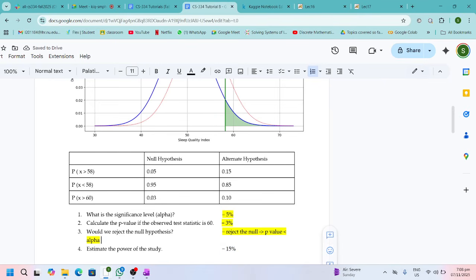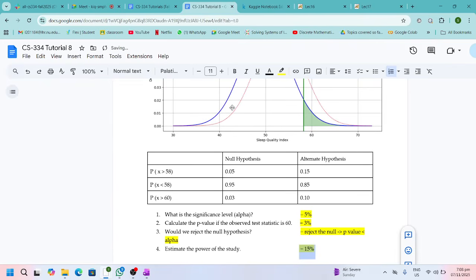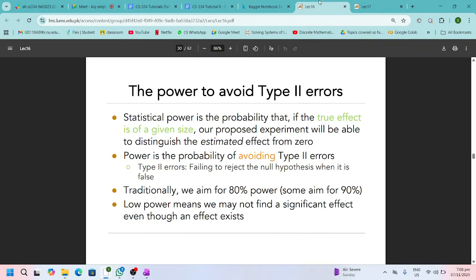The power to avoid a type 2 error in this example is just 15%. This is exactly what you are given over here as well. What are the implications of having a low power? So अभी implications इसकी क्या है, हमारे पास power बहुत low आई है, just 15%. Low power means that you may not be able to find a significant effect even though an effect exists.